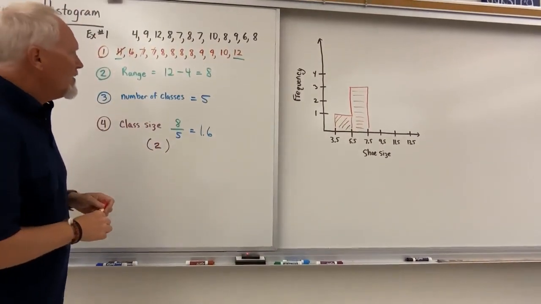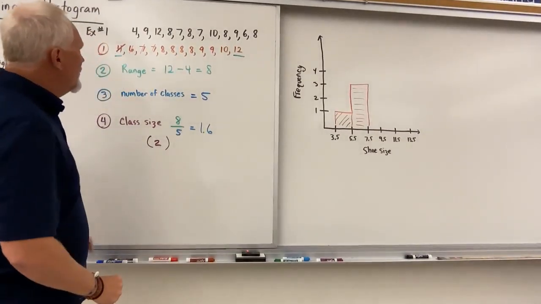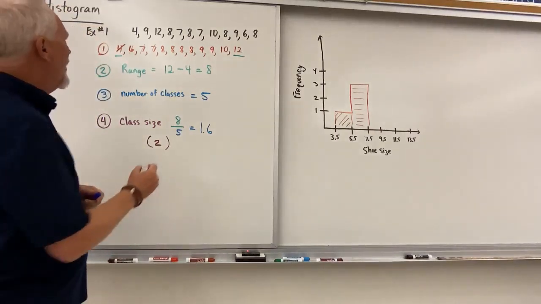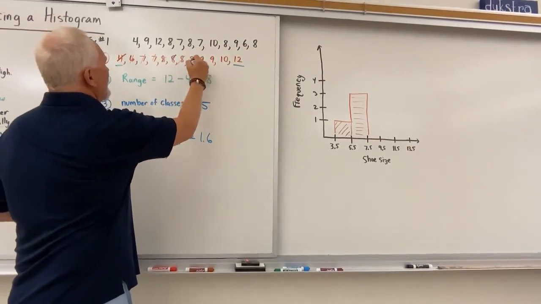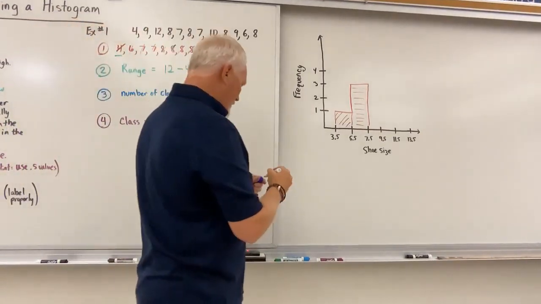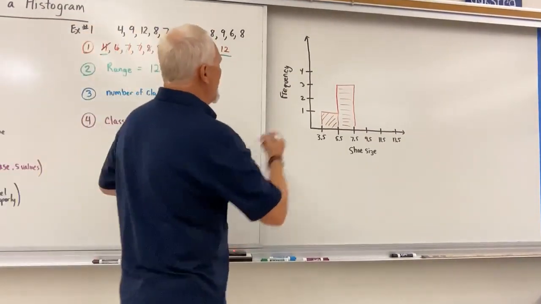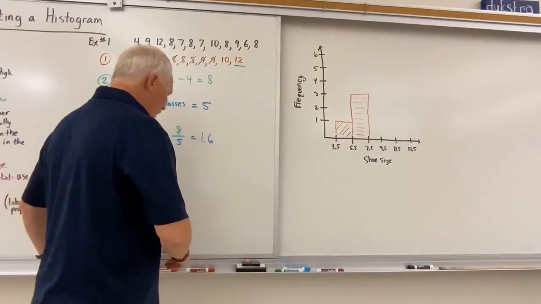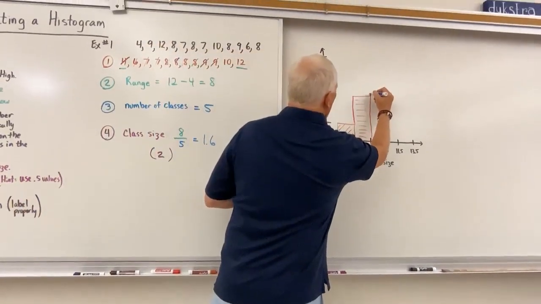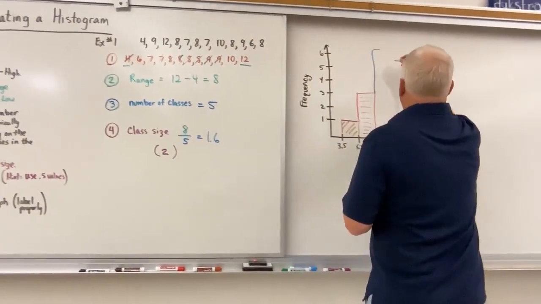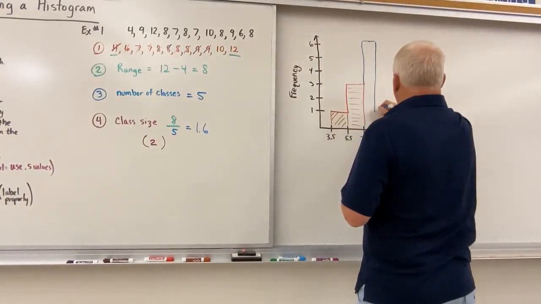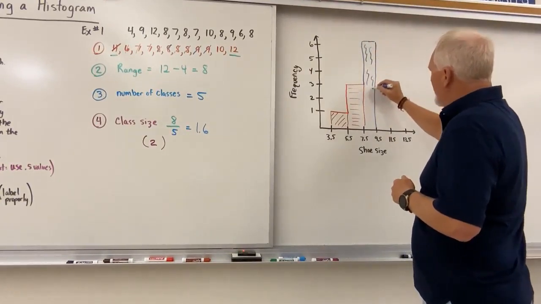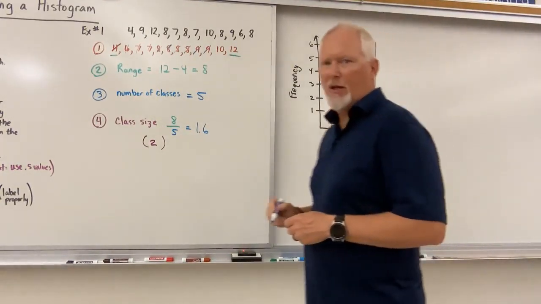Now I've got 8s to 9s. So I've got 7.5 to 9.5. Well, I've got 1, 2, 3, 4, 5, 6. So I'm going to have to increase my graph to 5 and 6. And then I will go here and go up to 6, over and go down to 9.5. And I'm going to make this so I can shade that in blue.